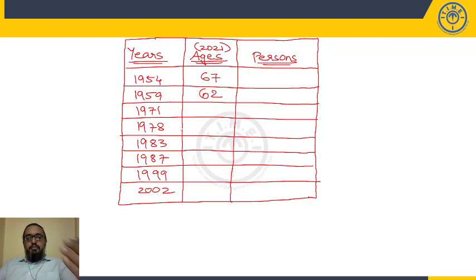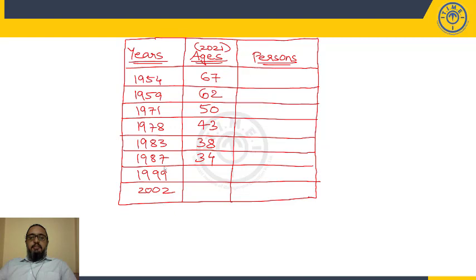Correct? Then next, from 59 to 71, you get 12. So you do minus 12. You get 50. Then from 71 to 78, it is plus 7. So here you do minus 7. So you get 43. Then from 78 to 83, you have plus 5 again. So you do minus 5 here, you get 38. Then from 83 to 87, plus 4. So here you do minus 4, you get 34.